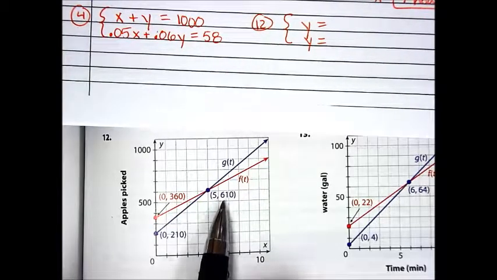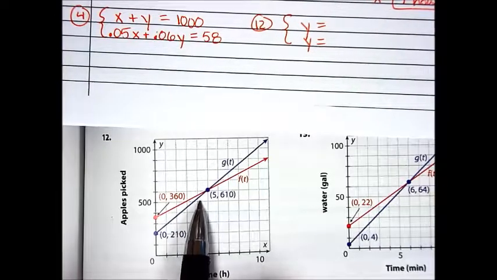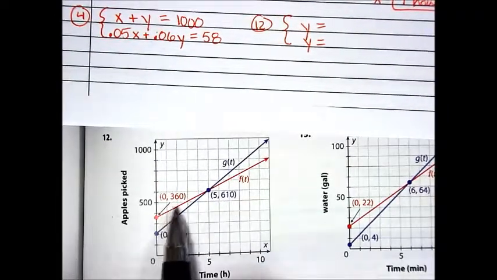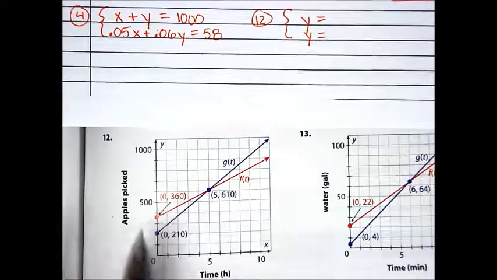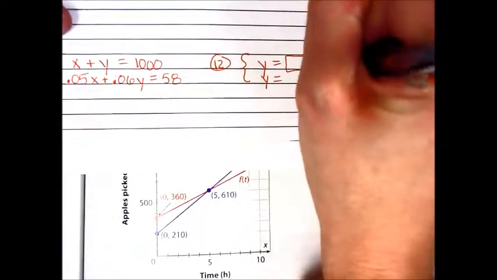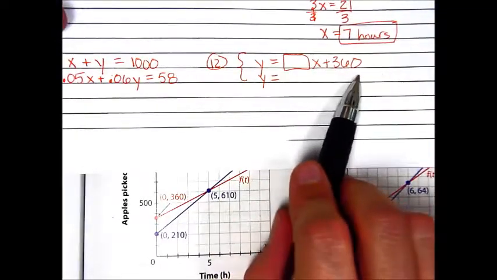So you're going to do 610 minus 360 over 5 minus 0. So do that over 5 and find the slope, and your y-intercept is 360. So I kind of got you started. Like, I'm not going to find the slope for you. You find it. But you're going to have y equals something x plus 360.